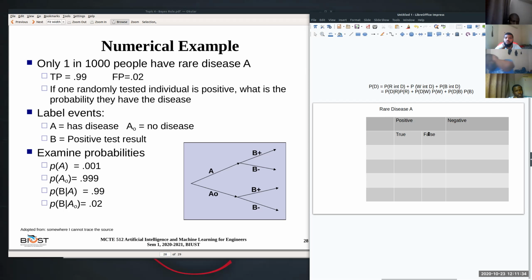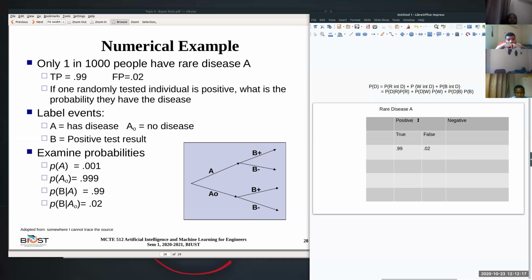So now of all the positive cases, the true positive is 0.99 and the false positive is 0.02. Okay. So if one is randomly tested, what is the probability that you have the disease? A truly has the disease, A0 has no disease, and B is the positive result.